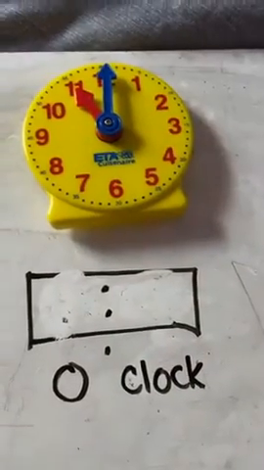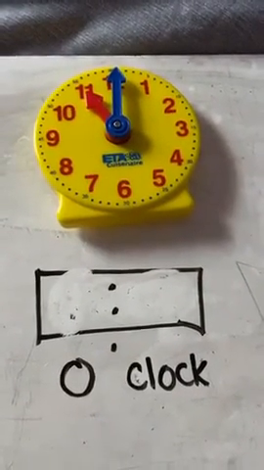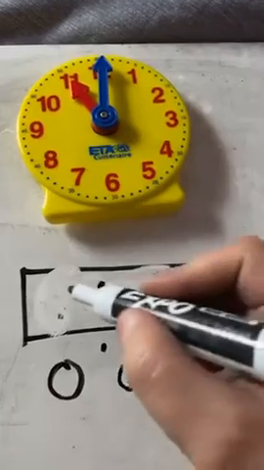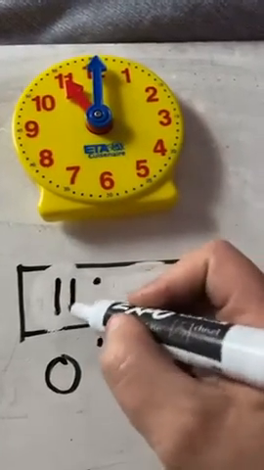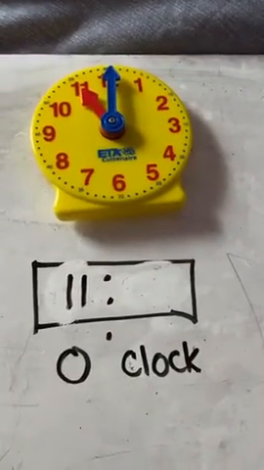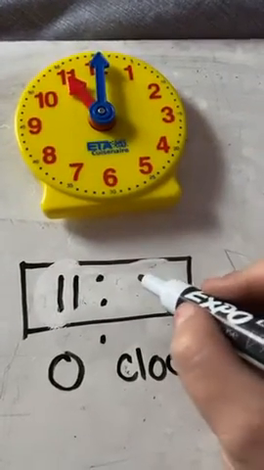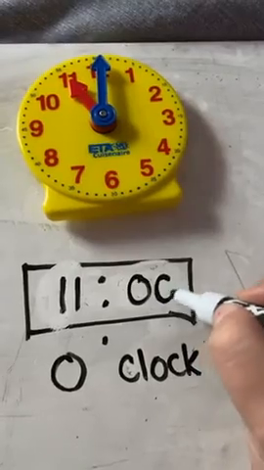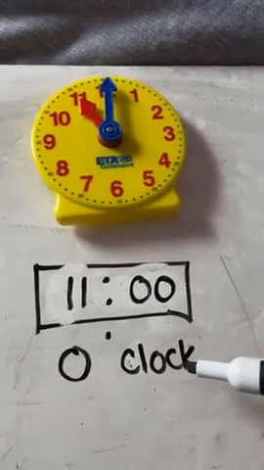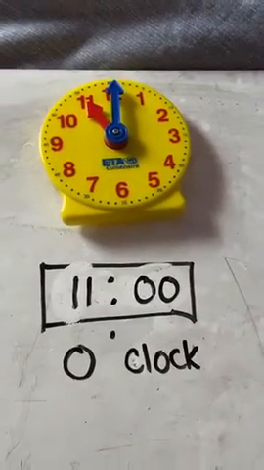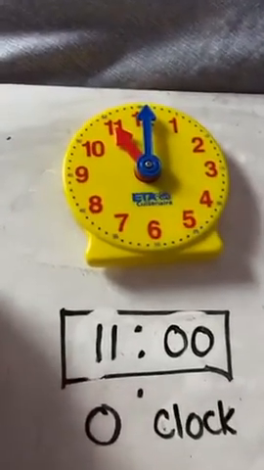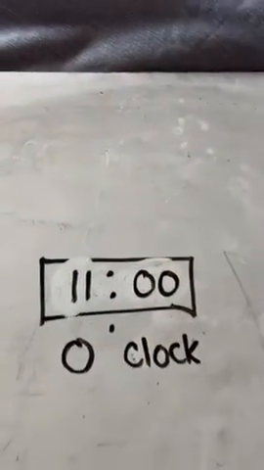So what number is that hour hand pointing to? Yes, he's pointing to the 11, isn't he? So I'm going to put my 11 down. And then it's on the 12. So the 12 means I can put my 0, 0 for 11 o'clock. Very good work, friends.